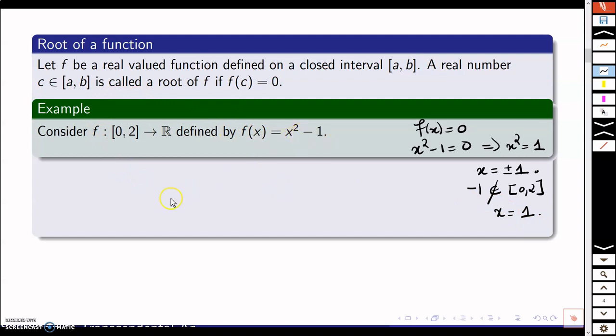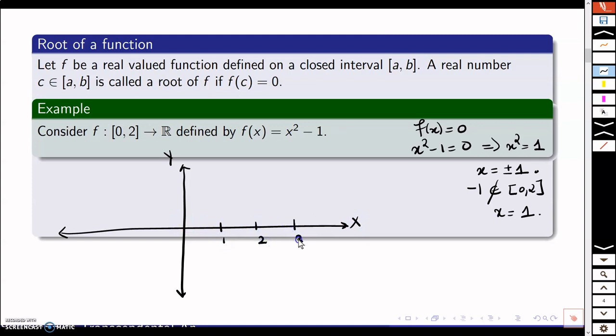Now if you try to plot this function in your xy plane, how will it look like? So this is my y-axis, this is x-axis, and let me mark some points 1, 2. This is my positive x-axis and negative x-axis, and supposing this is my y-axis. At x equal to 0, the value of the function is minus 1. So I'm here.